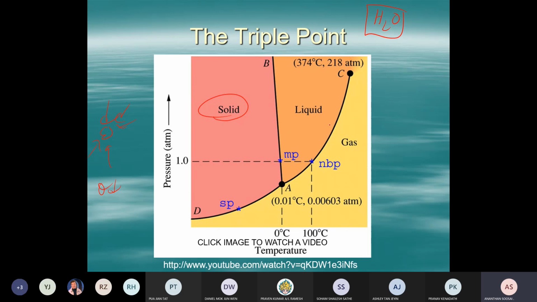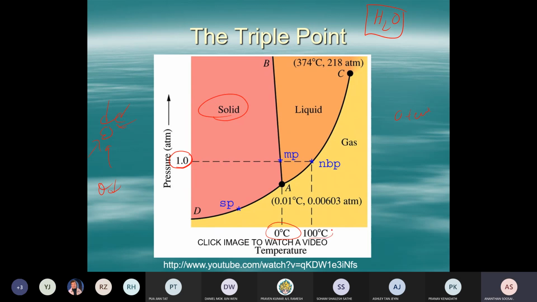Okay. So far in your O levels, our exposure is only up to 1 atm, and that pressure is 1 atm. For water, we found that the border of solid and liquid crosses at 0 degrees Celsius at 1 atmosphere. Then you go further and increase the temperature.